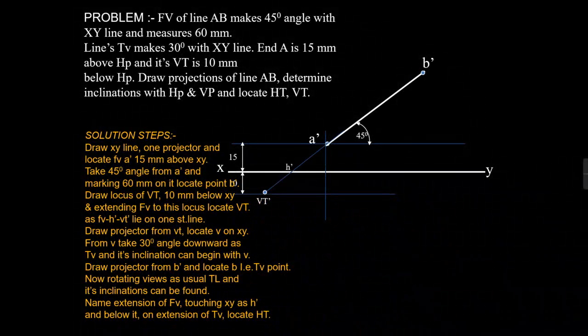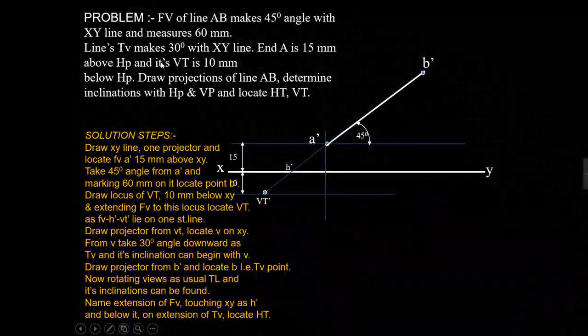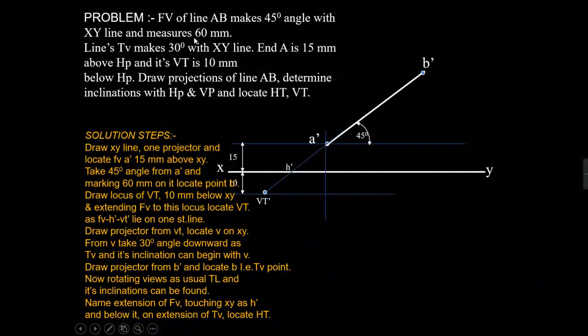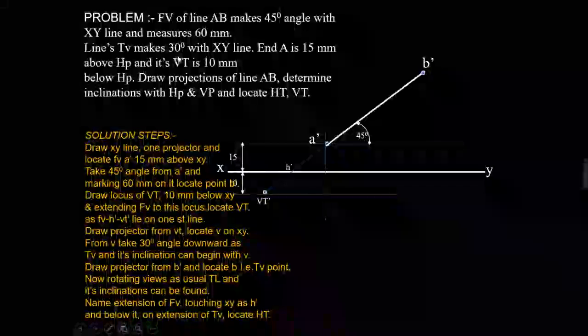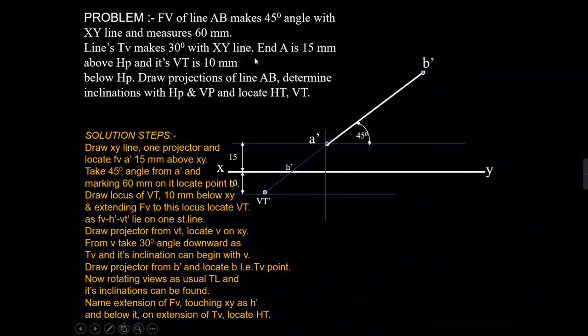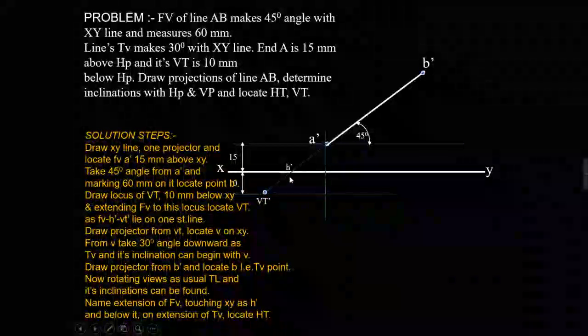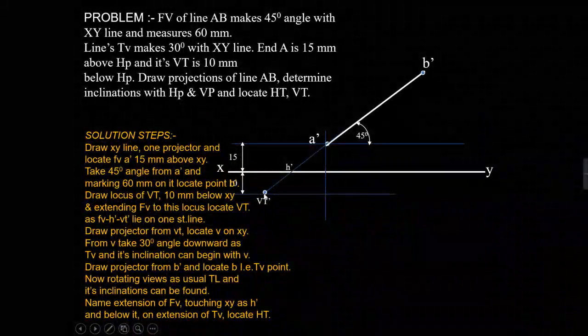Okay. So now we know the top view of line AB is making 30 degrees with the XY line. So I will draw a line from the VT.